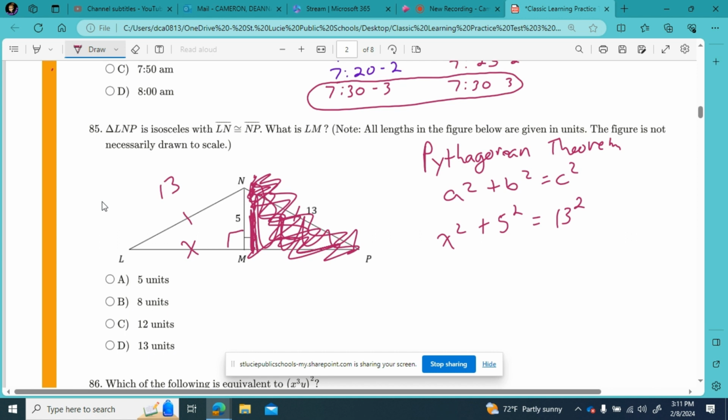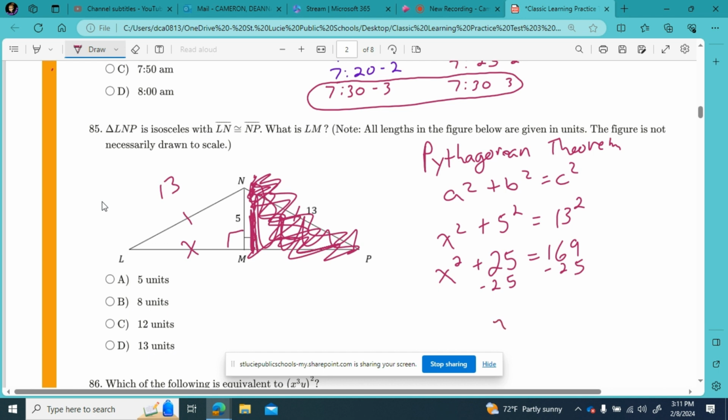And I hope that you've got your perfect squares memorized. If not, that's something I want you to work on before you take your CLT. So x squared plus, I know 5 squared is 25, and I know that 13 squared is 169. Now we're going to solve for x, so I'll subtract my 25 on both sides.